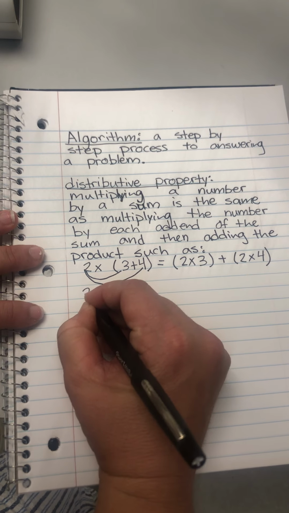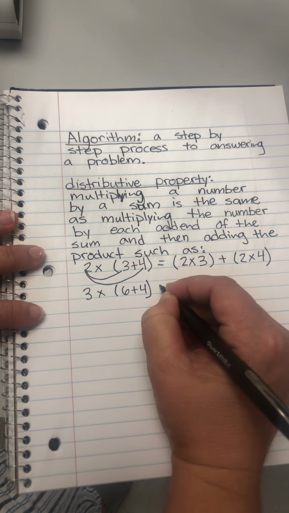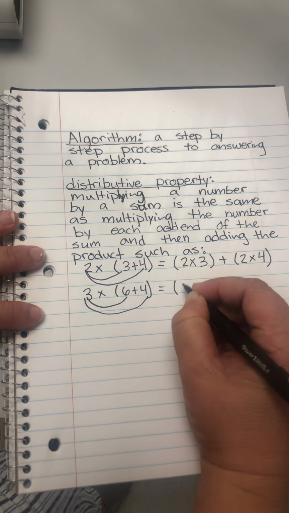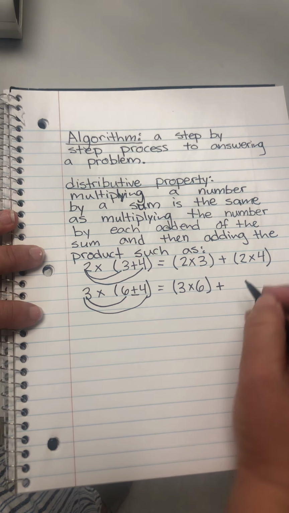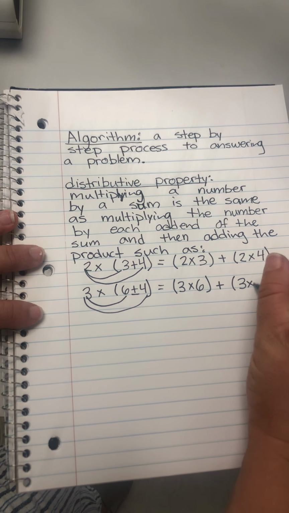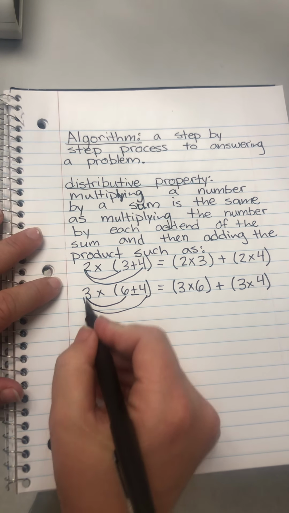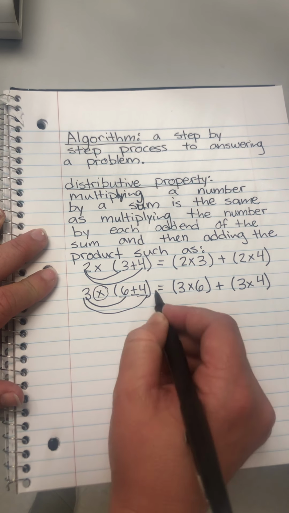So if it was 3 times 6 plus 4, it would be the same as saying 3 times 6 plus 3 times 4, because you have to have that plus right there. That's the distributive property. You're distributing it to the other side. If I say I'm going to distribute candy, I'm going to give out candy. So I'm giving this side this. Because of that multiplication sign, I can distribute it in.